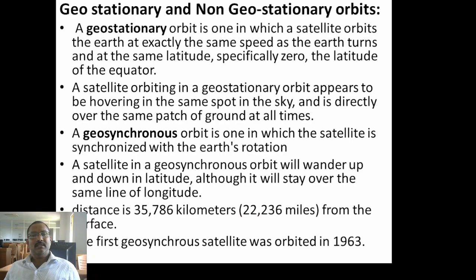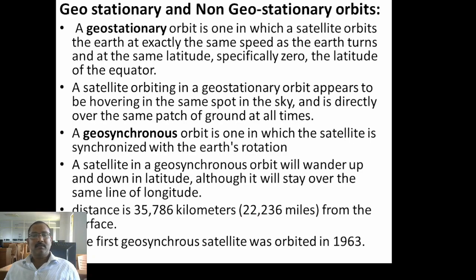Now about the geosynchronous orbit. It is an orbit in which the satellite is synchronized with the Earth's rotation. A satellite in a geosynchronous orbit will wander up and down in latitude, although it will stay over the same line of longitude.